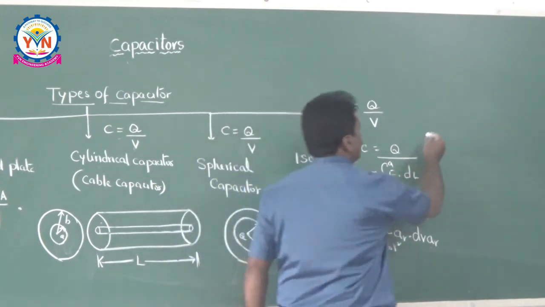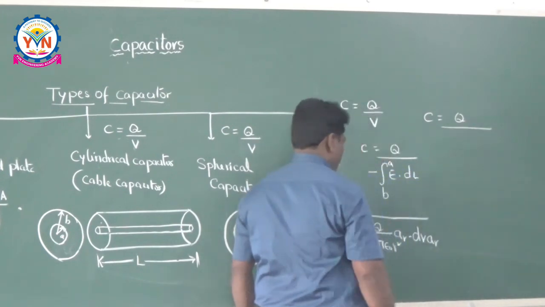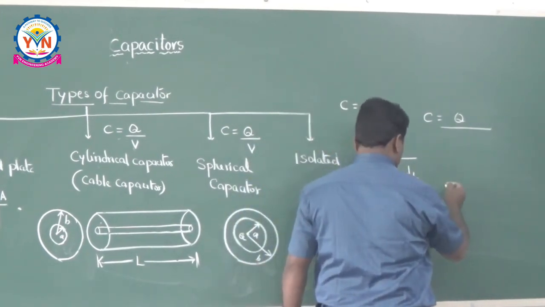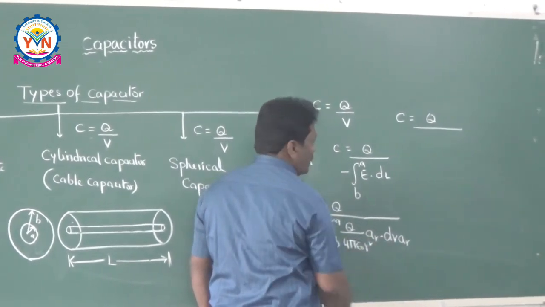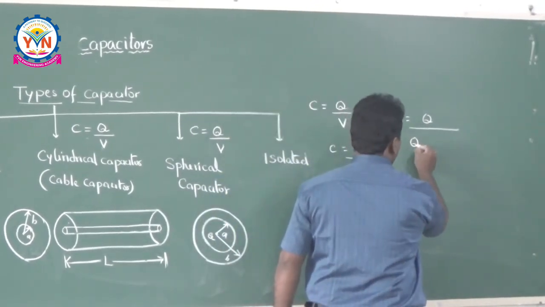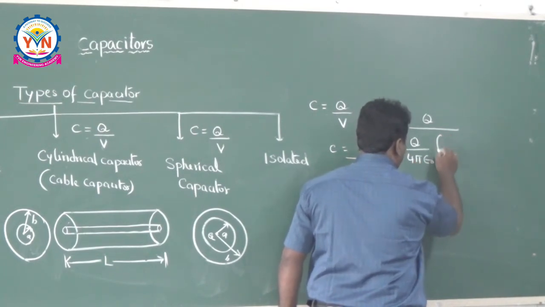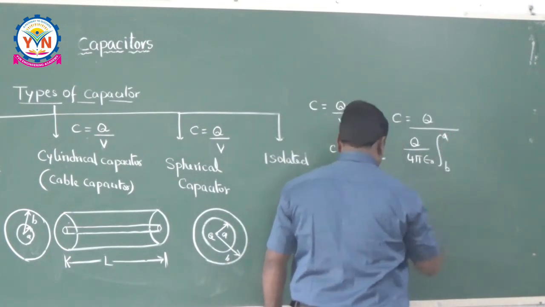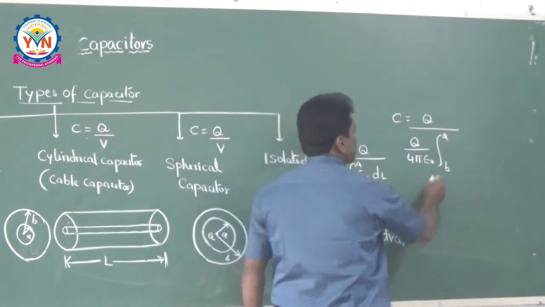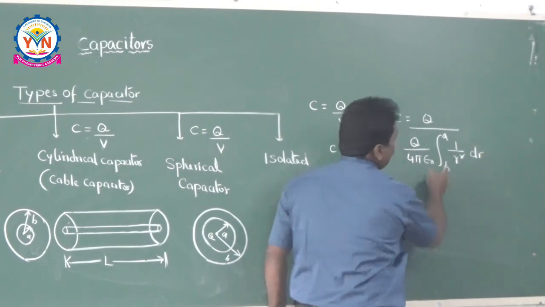Therefore, C is equal to Q divided by minus integral of dr, since aR dot aR becomes 1. Q by 4 pi epsilon naught is constant, and the integral from B to A is 1 by R square dr. What is the integration of 1 by R square?